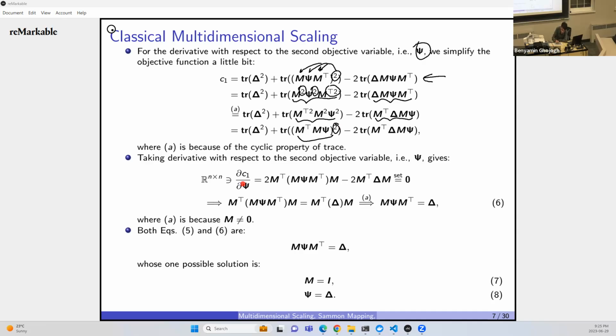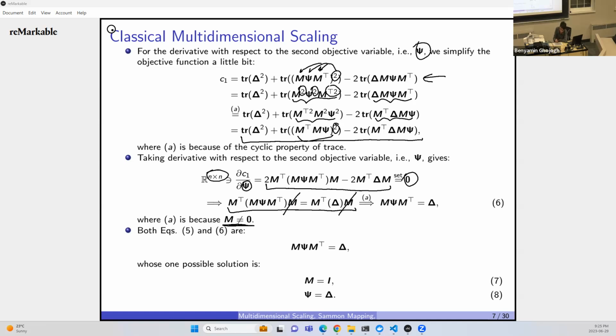I aggregate them in the power 2. Then take the derivative with respect to psi. If you take the derivative of this term with respect to psi, it becomes this. Set it to 0, the 0 matrix, n by n. Okay, then rearrange the whole thing. It gives me this. Again, am I allowed to simplify the n from the sides? Yes, if it is not 0.